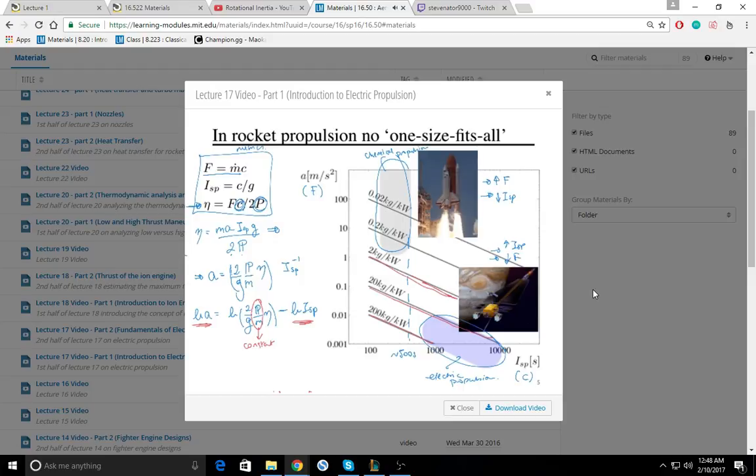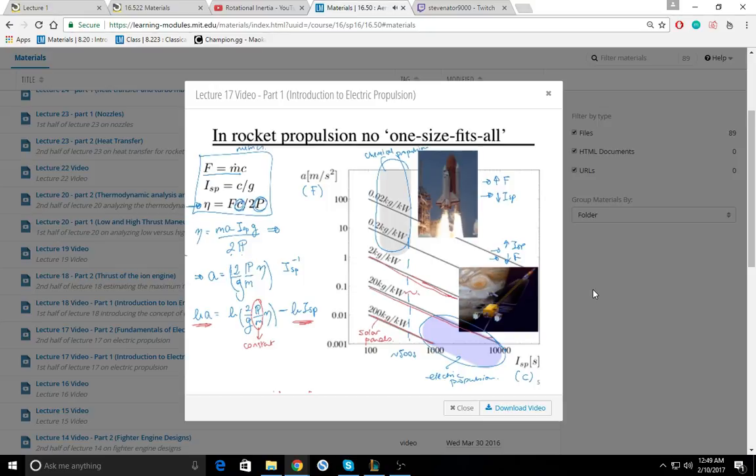Now, typically for electric propulsion systems, the power that we require is either obtained from solar panels, which have specific powers of this order of magnitude, the inverse of this value. So this line would correspond to the power obtained from solar panels. Or we can also obtain our power from nuclear reactors, which have a higher specific power.